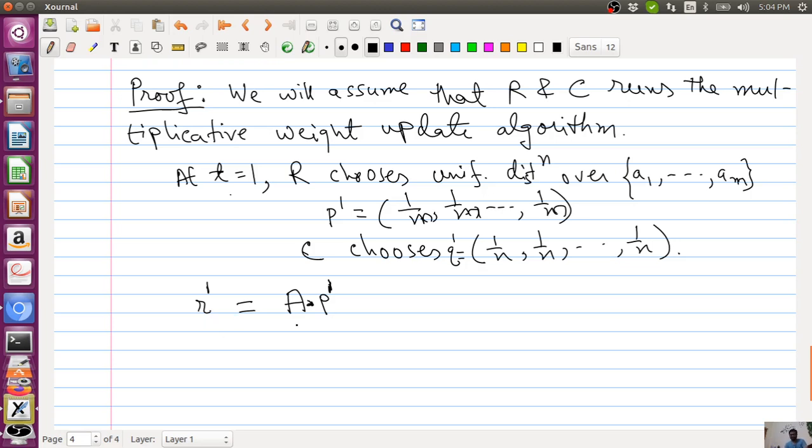And you can see that A times Q1 is a column vector of dimension m, because A is m cross n and Q1 is n cross 1, so A times Q1 is an m cross 1 matrix.